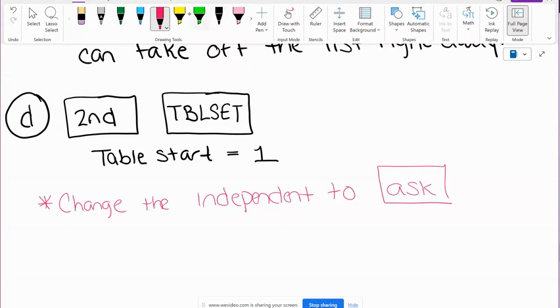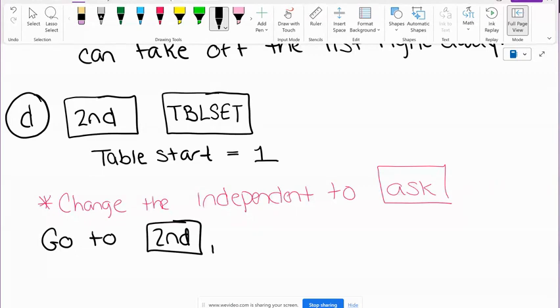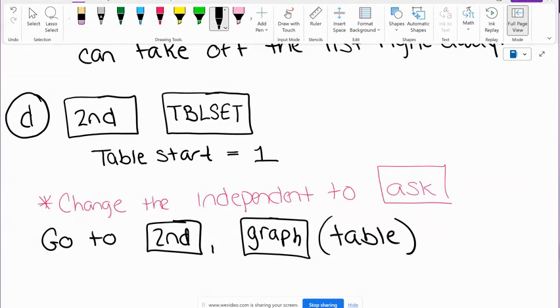Then what we're going to do after that is we're going to go to the second button, then choose graph, or maybe it says table, I forget what it says.